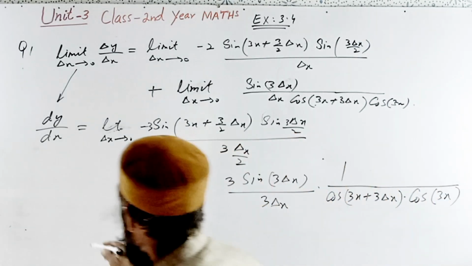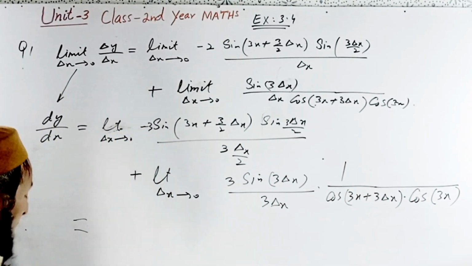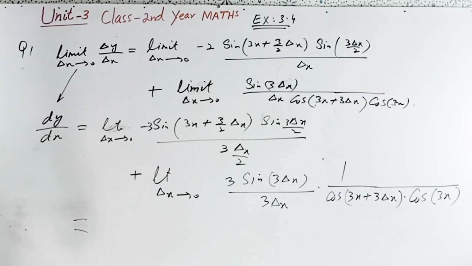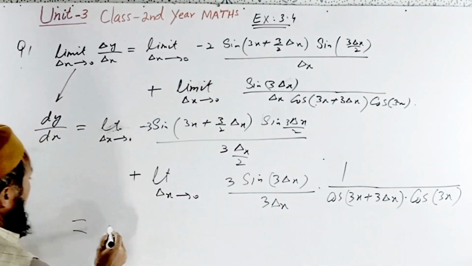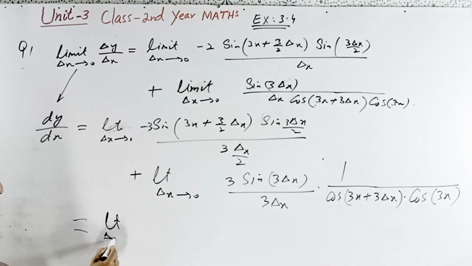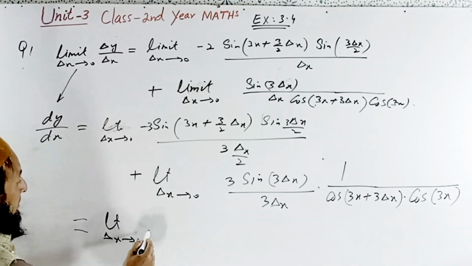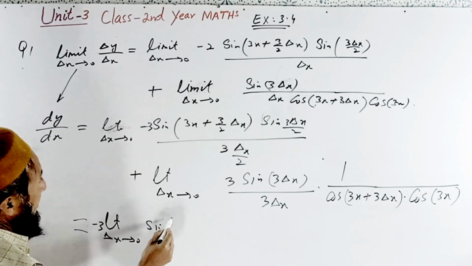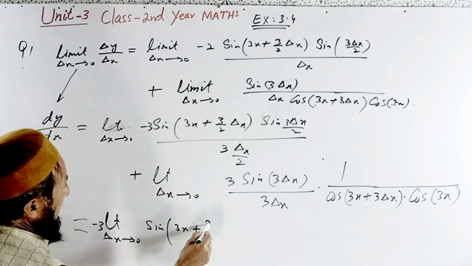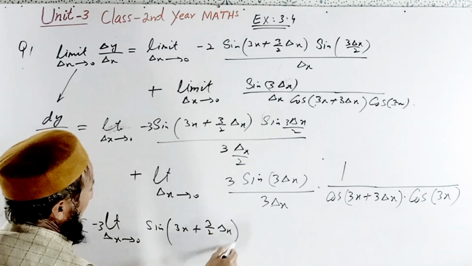Now expand this term further. Limit delta x tends to 0, minus 3 is outside the limit, sine 3x plus 3 by 2 delta x.